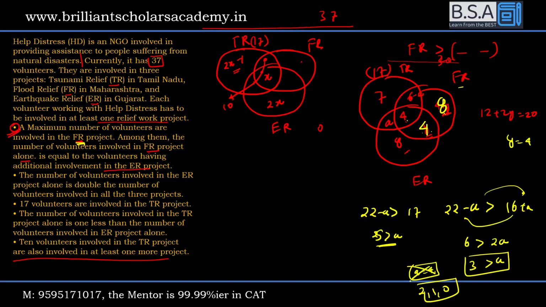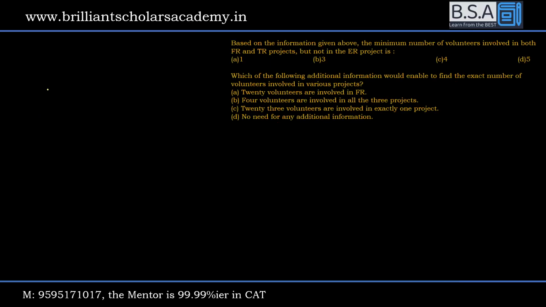मैंने more less सोच के A को 4 ले लिया. So A is either 2, 1 or 0. Let me read all this for you.